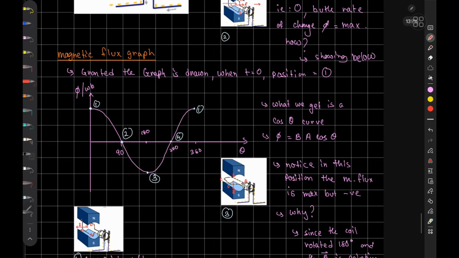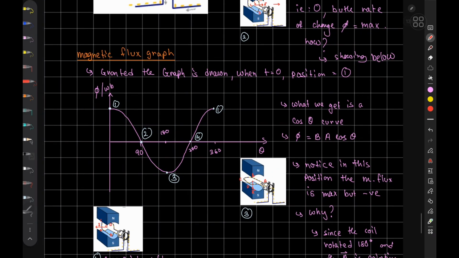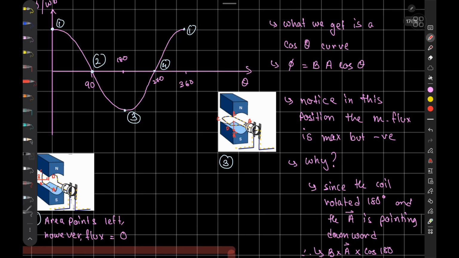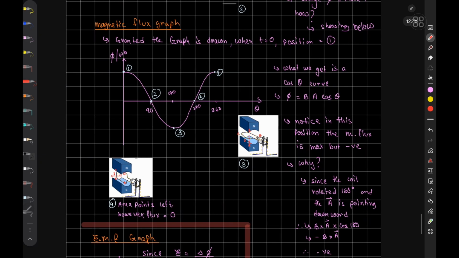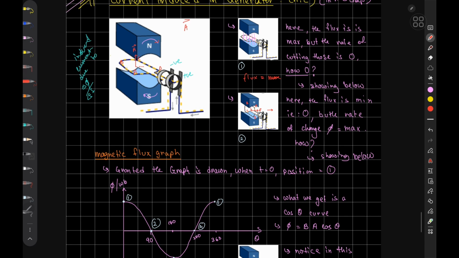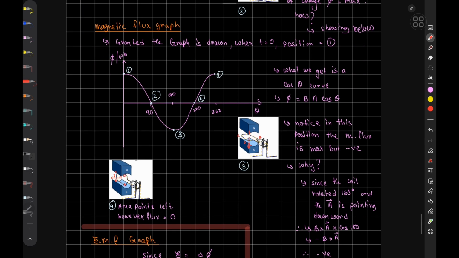Good. So what you see right now is the BA on that side, and the normal to the plane is now downwards. So the flux is again maximum, but in the negative direction, because initially the BA side's normal to the plane was upwards, and now when I turn it 180 degrees, the normal to the plane is downwards.